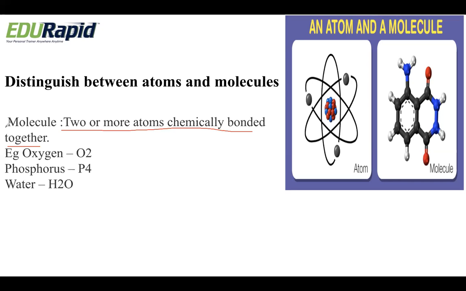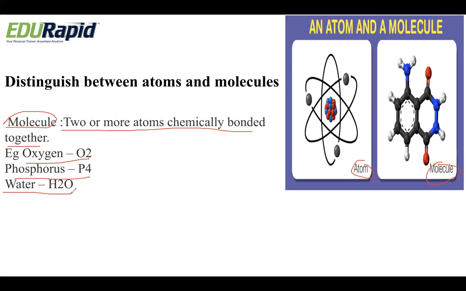You can see a picture at the right side of a molecule and an atom. In a molecule, 2 or more atoms are chemically bonded together. We have examples: O2, oxygen, phosphorus P4, and water, H2O.